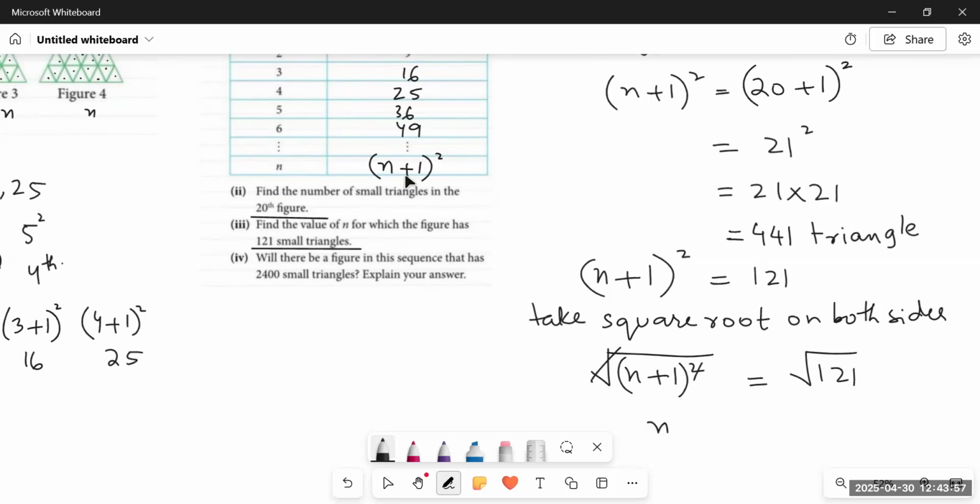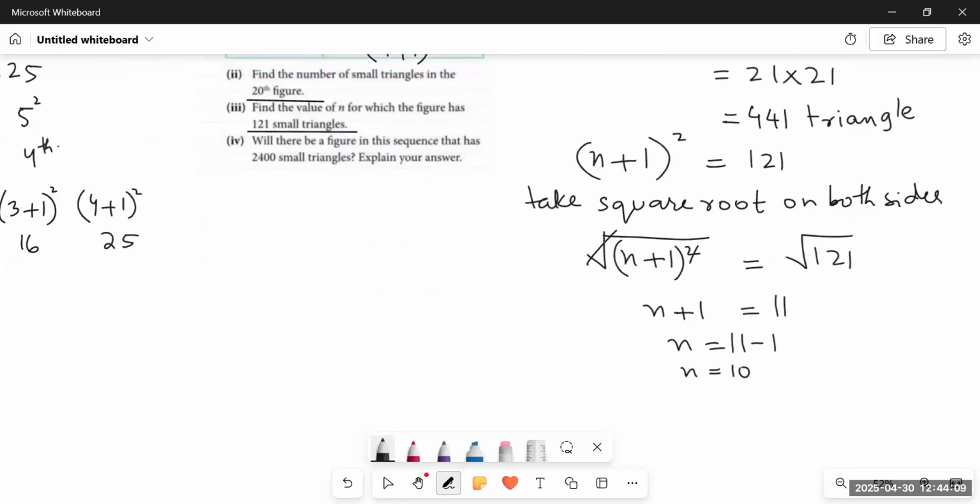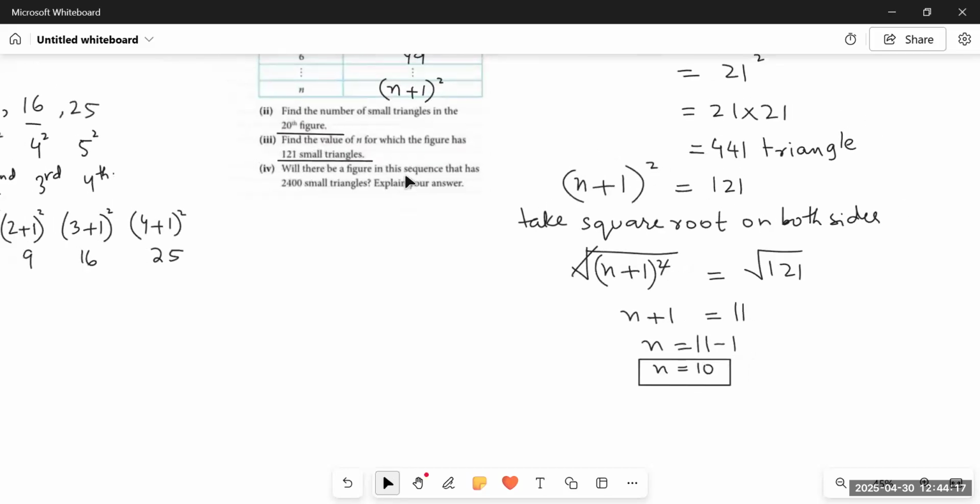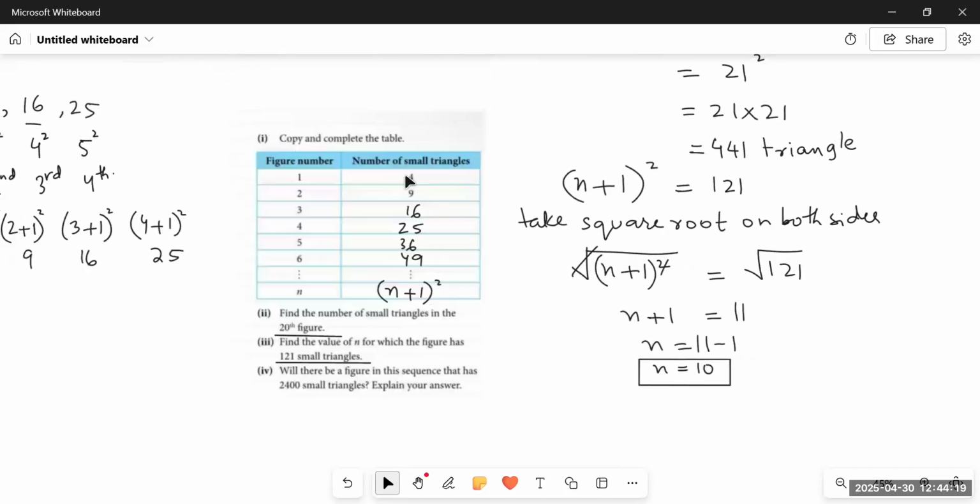So we can write n plus 1 is equal to 11, and n would be 11 minus 1, which is 10. It means in the 10th figure, we will have 121 triangles. So using the same formula, we can find the figure number and the number of triangles both.